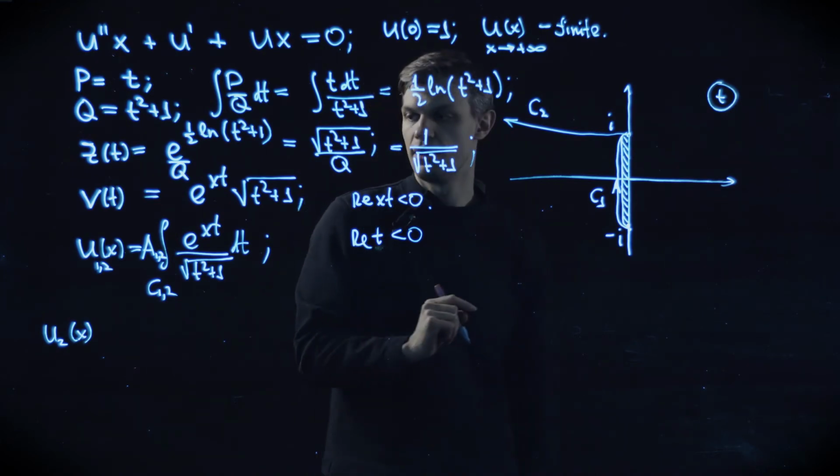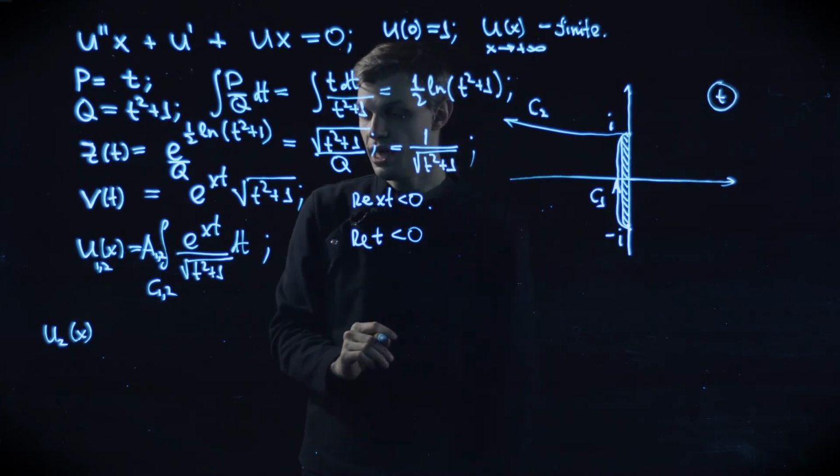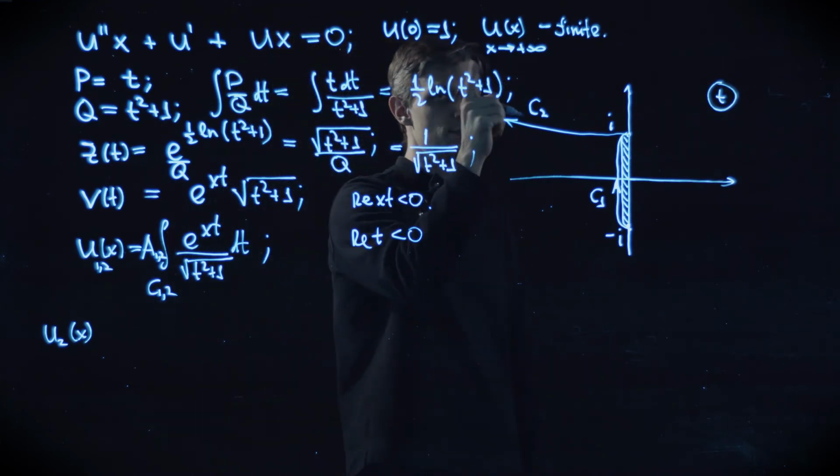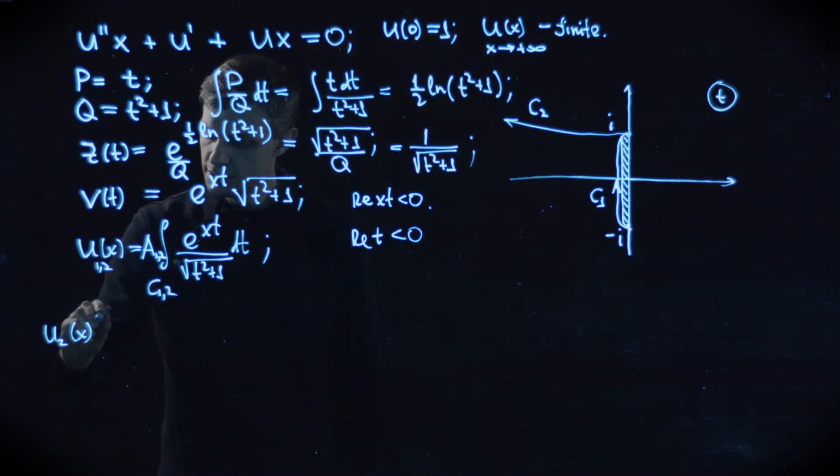Let's try to figure out how this solution u2 of x, defined by this contour C2, behaves at small x, or actually x equal to 0. So suppose x is equal to 0.